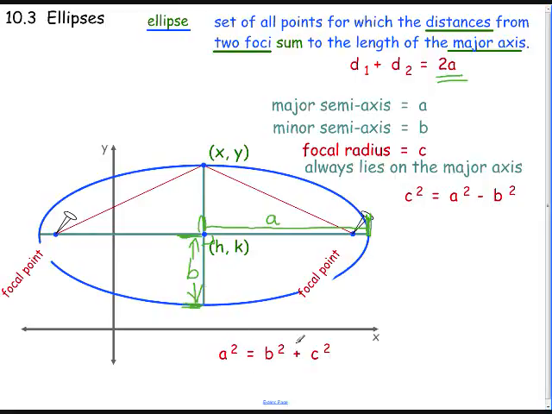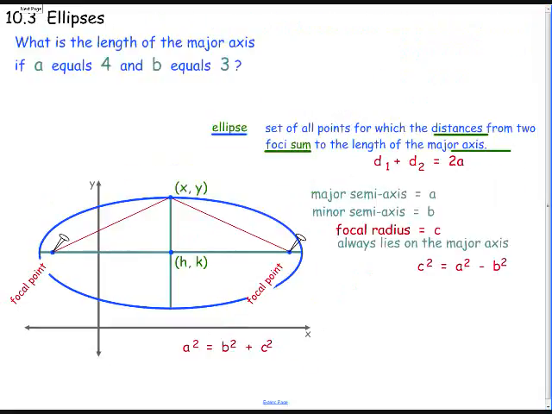Okay. Now, I'm going to tell you how we can figure out what c is. c can be found by using this equation right here. You take whatever the length of a is, remember a is from the center to this point on the ellipse. This is where the major axis hits the ellipse.